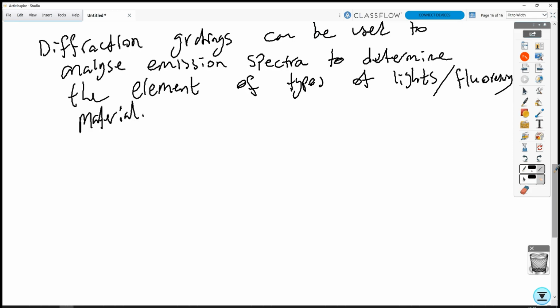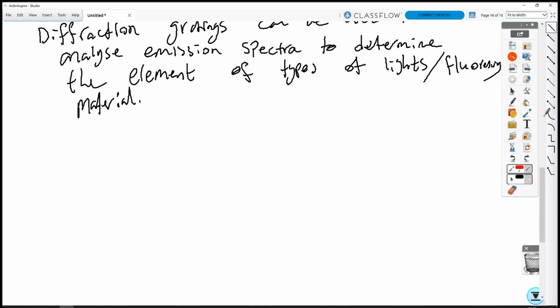So in the case of a spectrum, you would have your diffraction grating as usual. Your 0th order would just be white light.